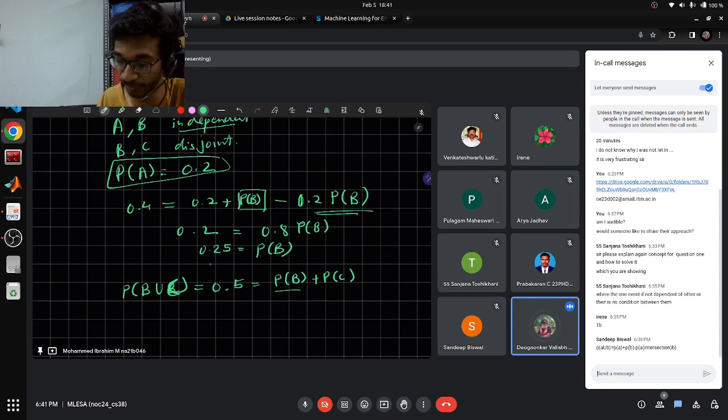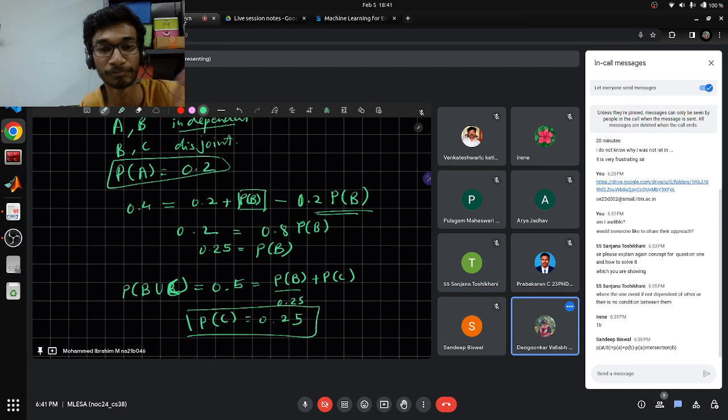And P of B you have just calculated here, so 0.25, and you get P of C equal to 0.25. That's all. I hope this was clear.